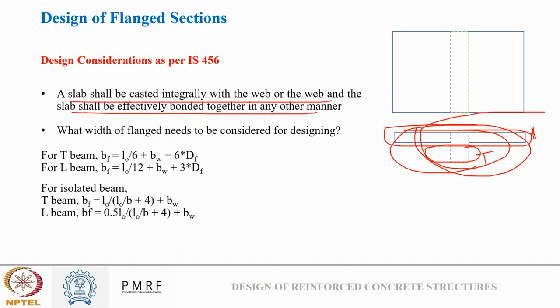Now when we are designing such sections, what is the width of the beam that we will take? Will we take it from end to end? Till now we saw rectangular beams where the width of the beam was this, but now my top part is a little extended. So in this case I take the width of the beam from a little distance inside from the sides, not from the edges, and it is calculated using these formulas.